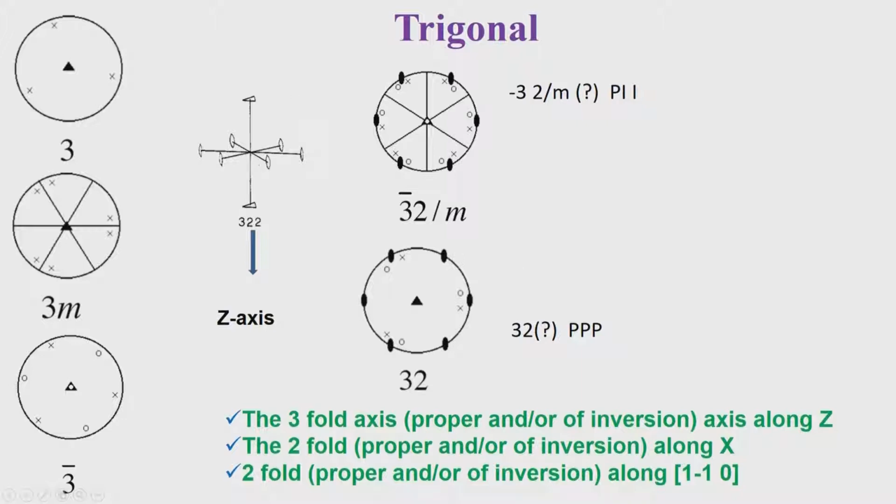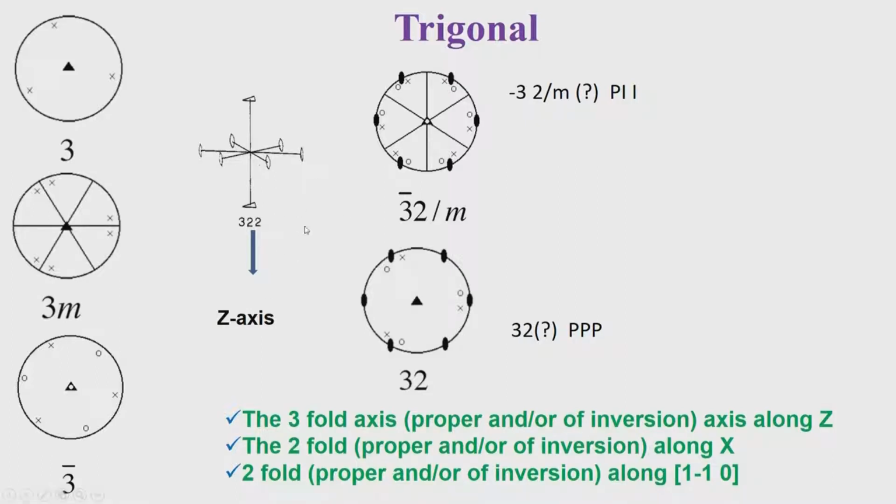So, we see now that a similar nomenclature is utilized in the case of trigonal symmetry as well. So, the threefold axis, proper inversion along the z direction. Now the threefold takes the z direction in the representation, and as we discussed in the case of the tetragonal symmetry, the threefold will also be along the z direction, and it can stand alone or it can be with a combination of two other symmetries like 3 2 2 for example.